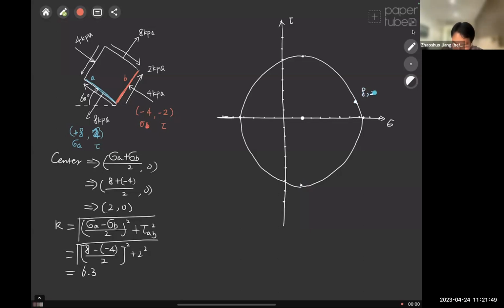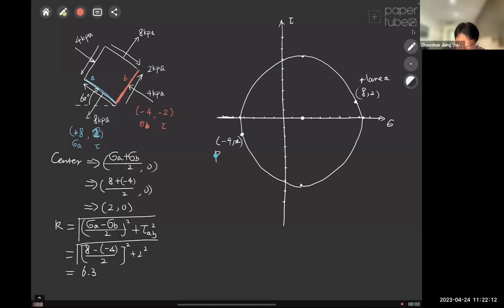That is our plane A. Plane B is -4 and -2.